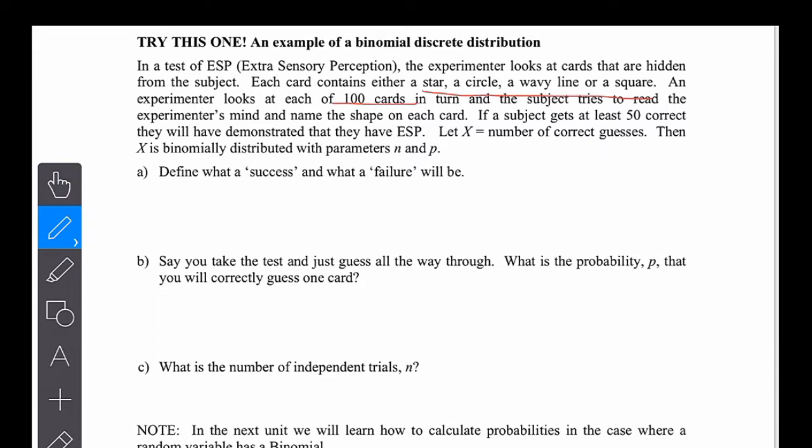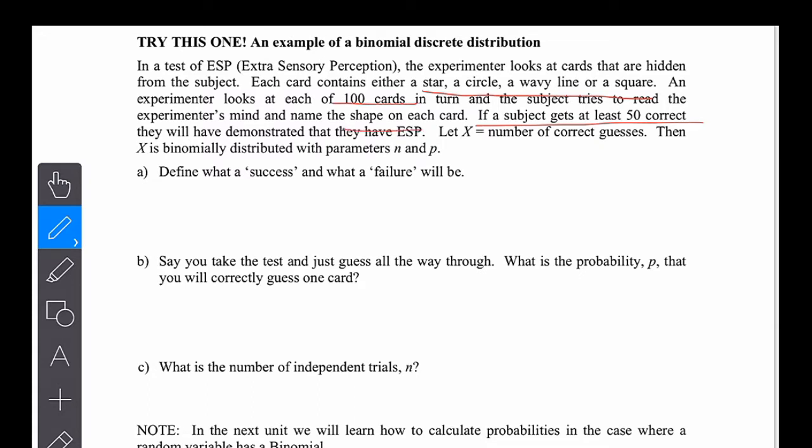Now, if this person guesses right enough times, we have to set by previous experimentation or some sort of notion that it's not just chance luck that he's guessing right. And we establish in advance that if a subject gets 50 correct, they will have demonstrated that they have ESP.